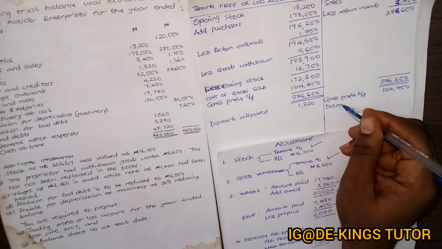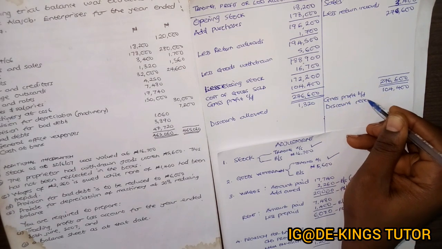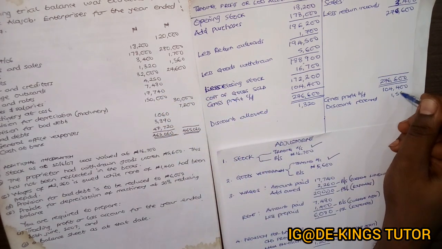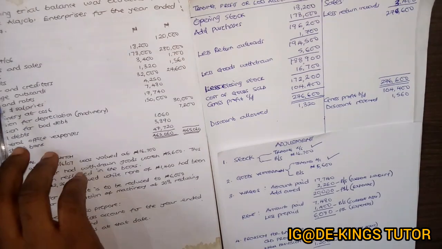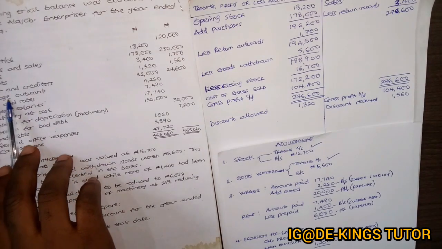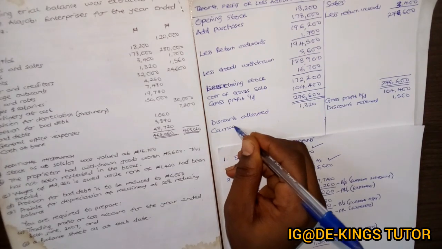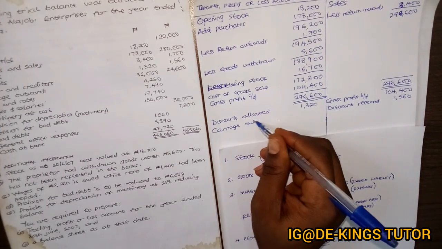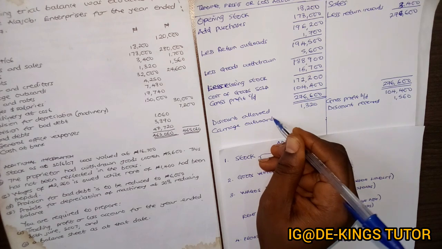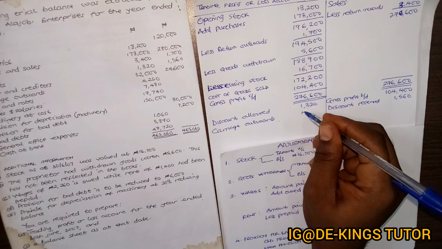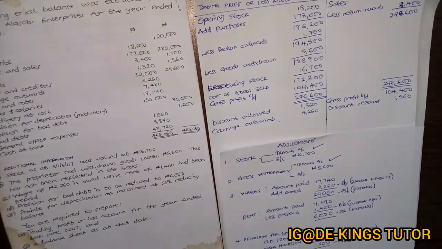So I have discount received as income, 1,560. Okay, the next one is carriage outward as expenses. So right here, carriage outward as expenses 4,250.